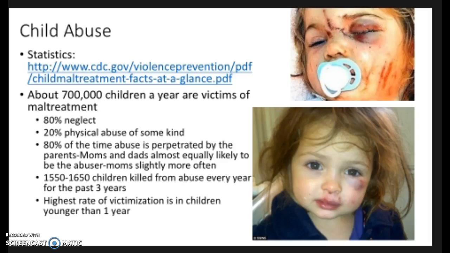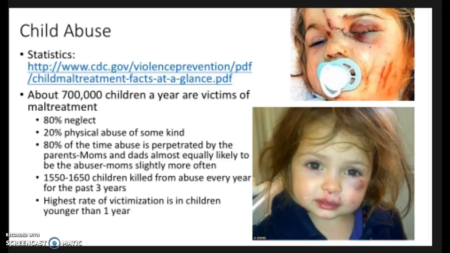All right, so child abuse is what we're talking about. This little baby, mom decided to smash her head with her foot. So that's unfortunate. And this little child has been clearly abused by the bruises you can see on her.